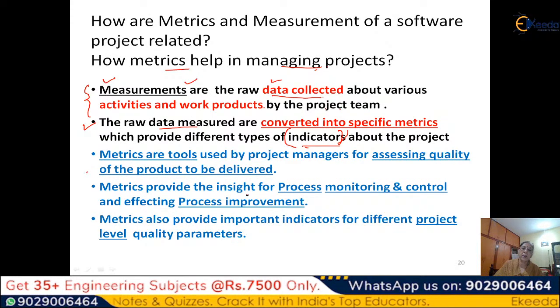Metrics provide insight for process monitoring and control, and also for any improvement of the process. Metrics also provide important indicators for different project level quality parameters. So these are the reasons why you need to plan for metrics in your project.